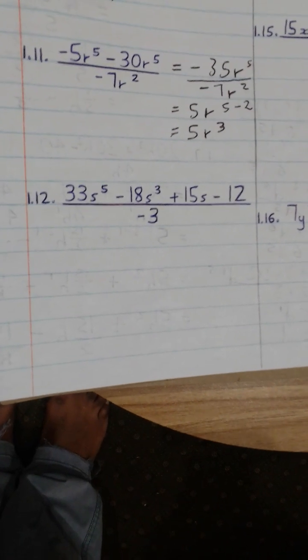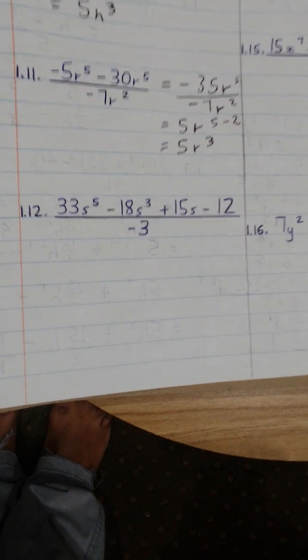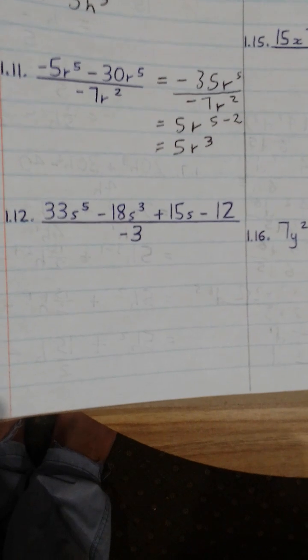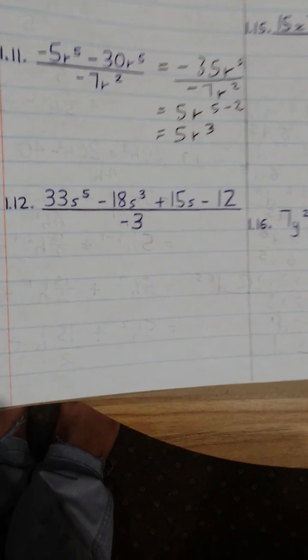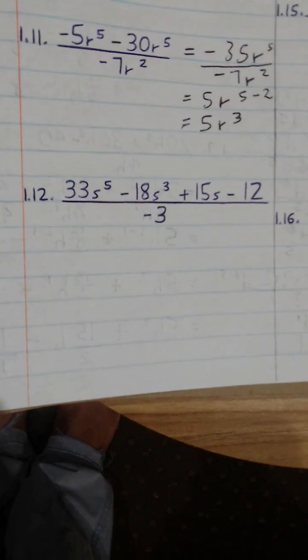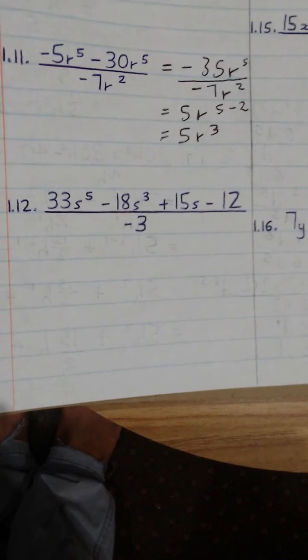33s to the power of 5 minus 18s to the power of 3 plus 15s minus 12, all over negative 3. So in the numerator there are no like terms. So we just give every term in the numerator the divisor of negative 3.